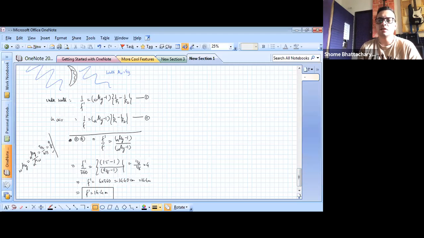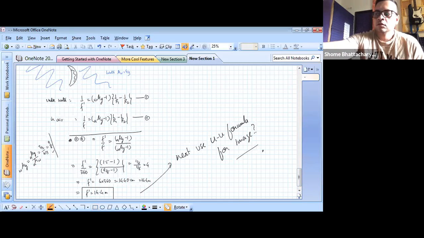And now we'll use the formula, the UV formula for lens for image.